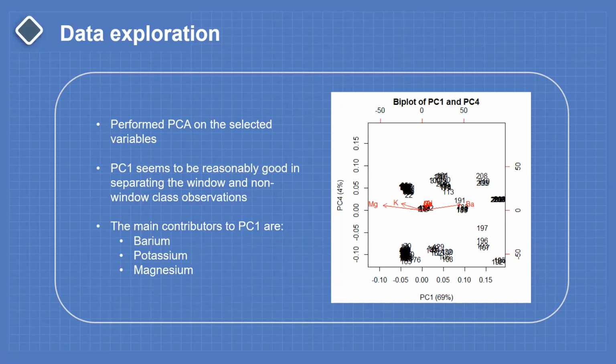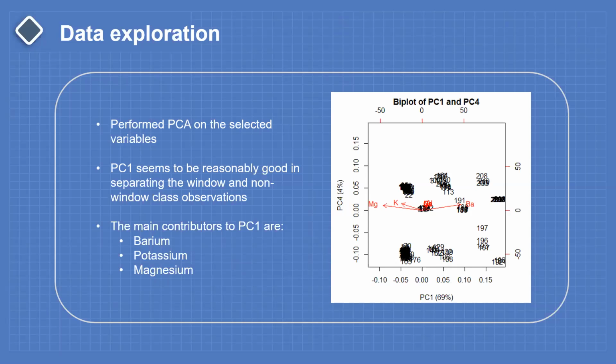Okay, let me continue to introduce the results of PCA. We performed the PCA on the 7 selected variables. Based on the results, PC1 seems to be reasonably good in separating 2 groups of the 6 types of glass.